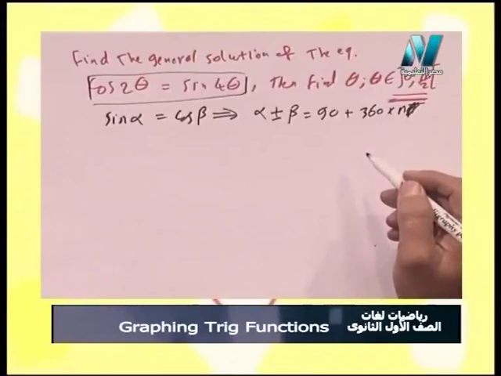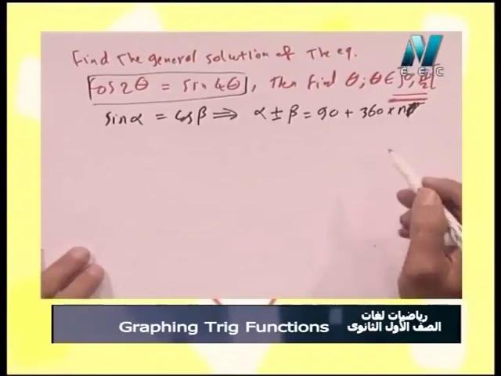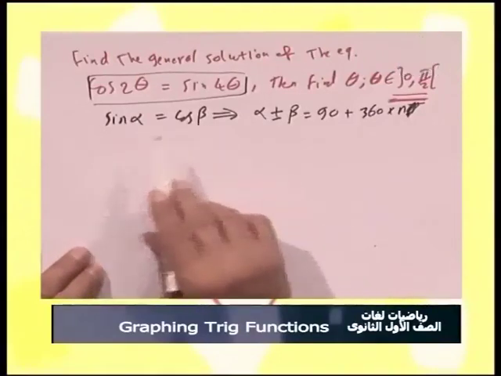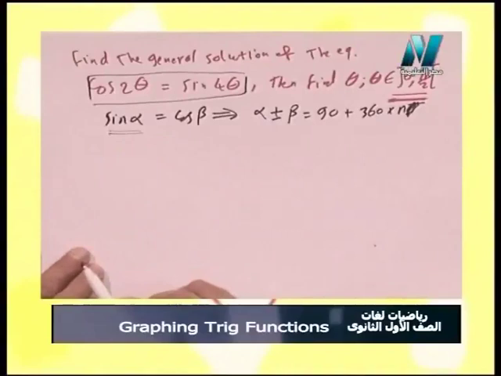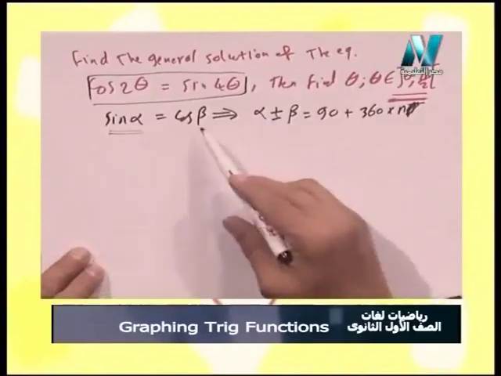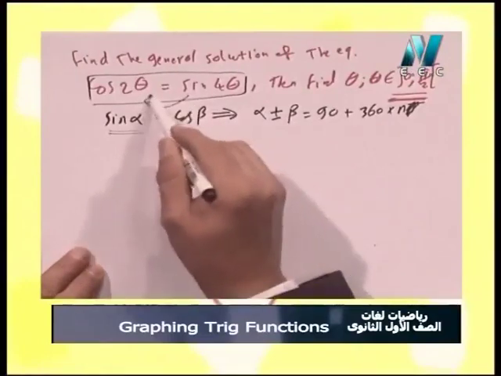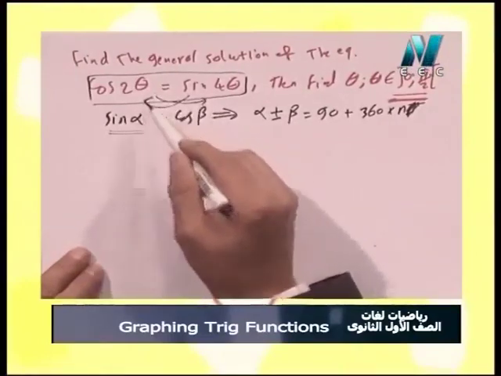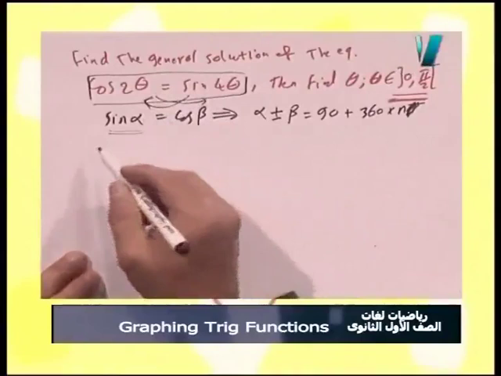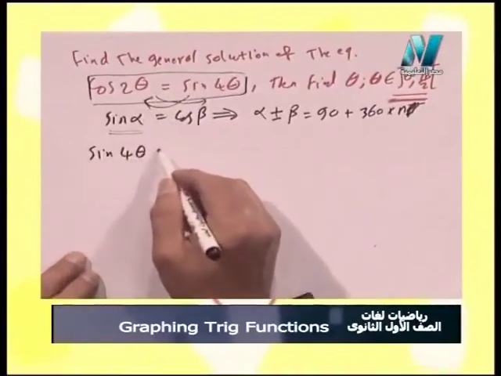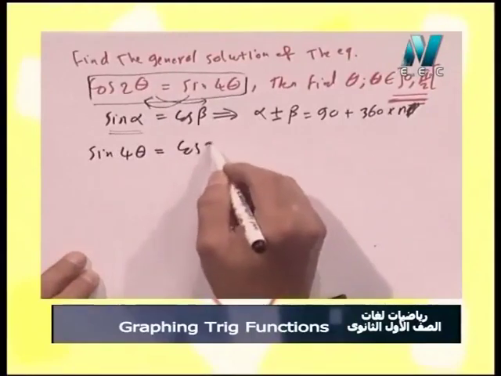We have also alpha and beta, but we start with sine here because it is alpha minus beta here, not beta minus alpha. So we will exchange the arrangement of this equation. So we will write sine 4 theta first equal cosine 2 theta second.